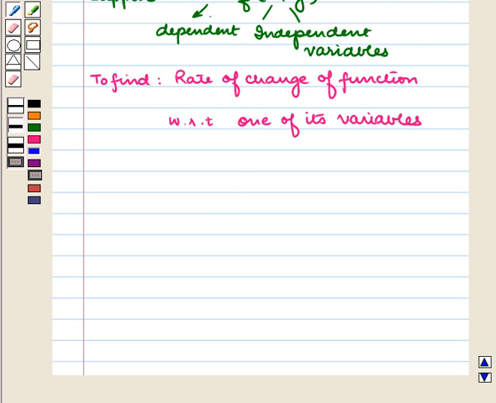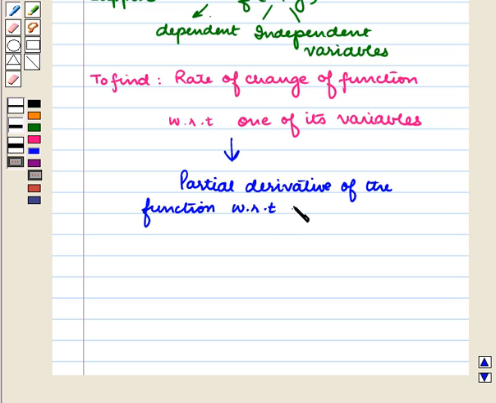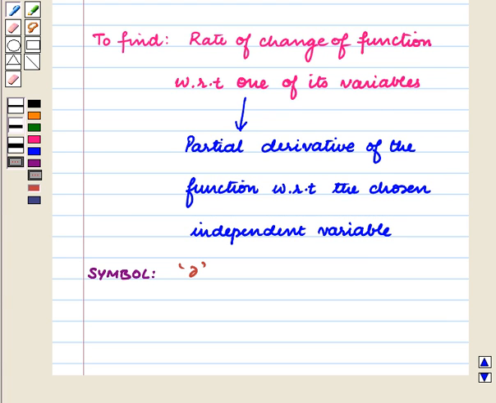For this, we use partial differentiation and the result is referred to as partial derivative of the function with respect to the chosen independent variable. The symbol for partial derivative is del, or we can call it curly.